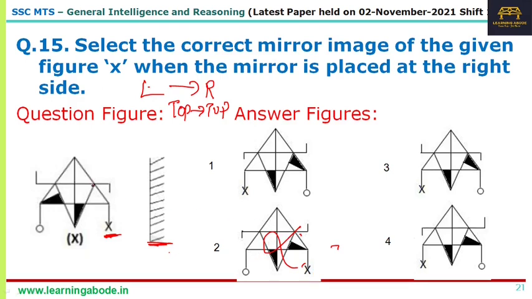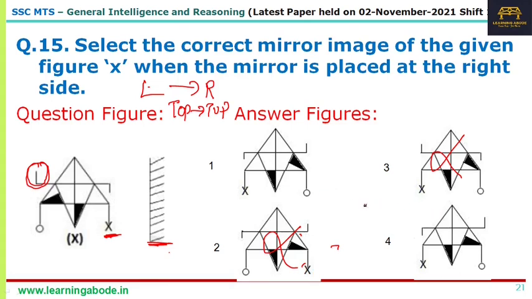Then here this one is on the left, so that should come to your right. So in which case option 3 is out, right? Now you are left with option 1 and 4.